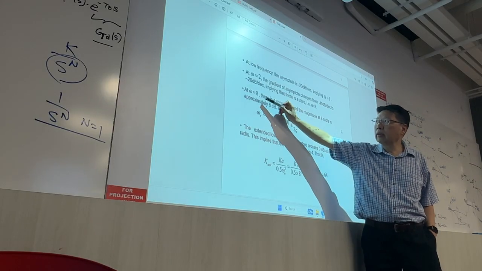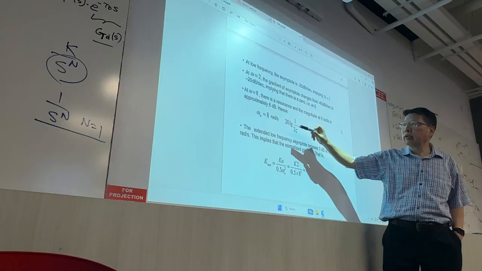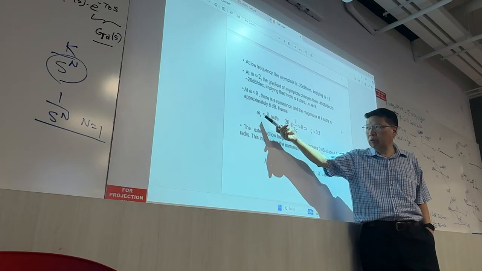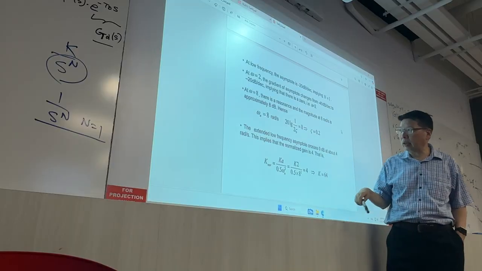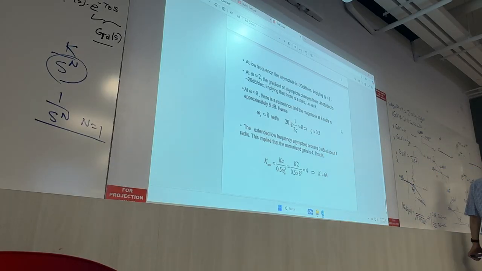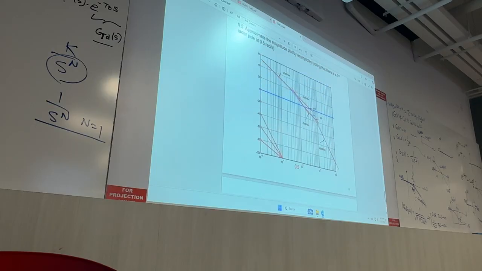At A, there is a resonance. That means omega is a second order system. This resonance, omega n, is equal to 8. And then from the reading of the plot, which is also an estimate, we get this 8 here.